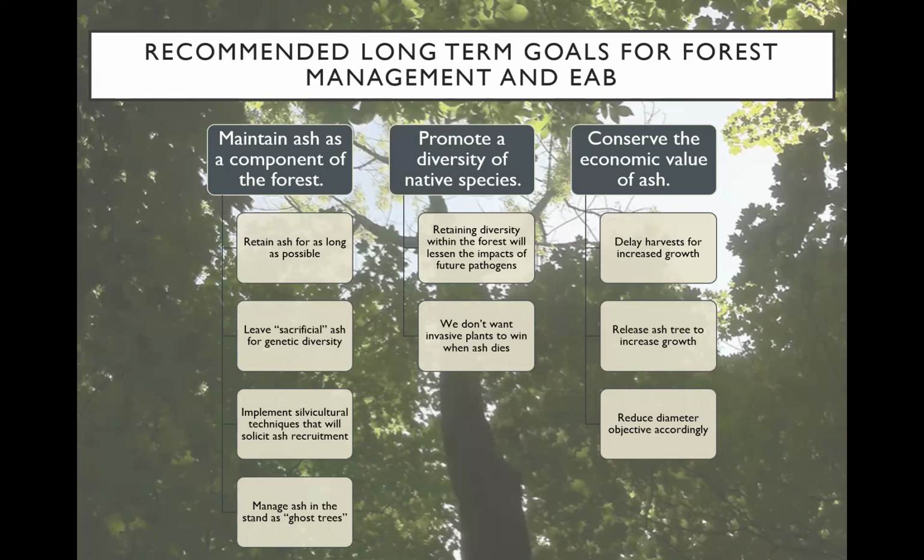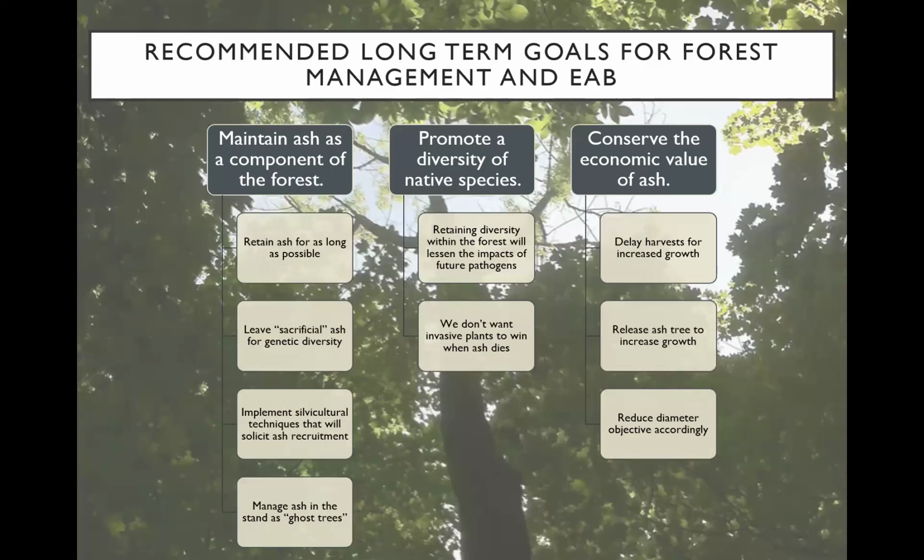And then another option is also to manage ash trees in a stand as ghost trees, meaning you don't count the space they take up, because you don't want to reduce the density of your forest prematurely if we know that most of those ash trees will likely die.